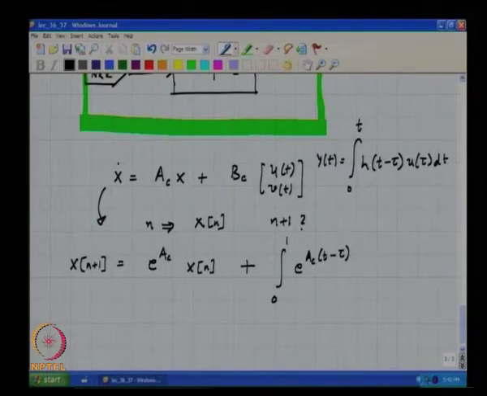So, you want the output after 1 second. So, e to the A_C times 1 minus tau, correct, B_C times u of tau, v of tau, d tau.